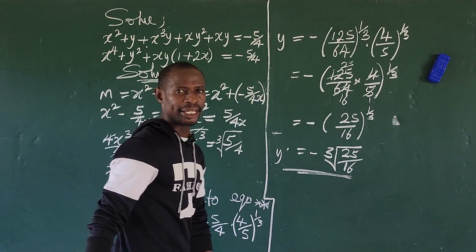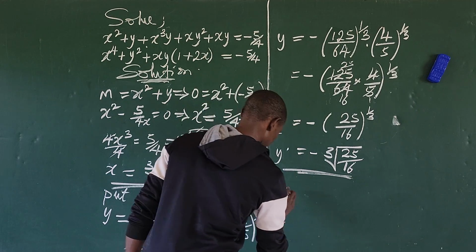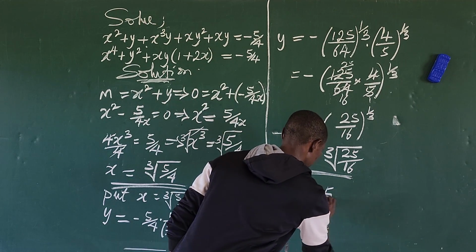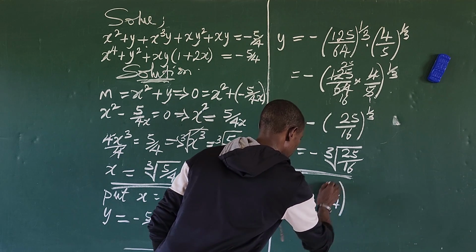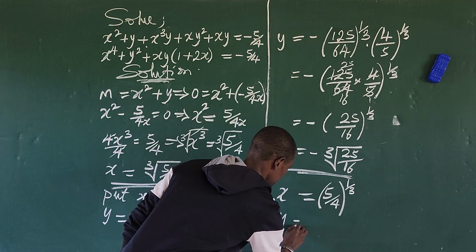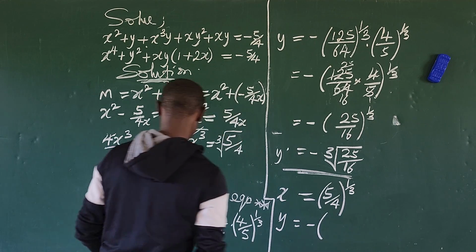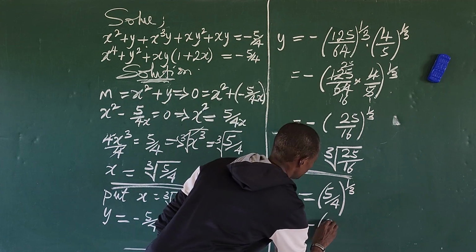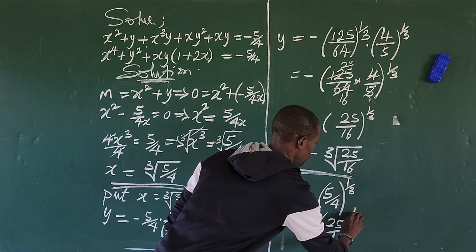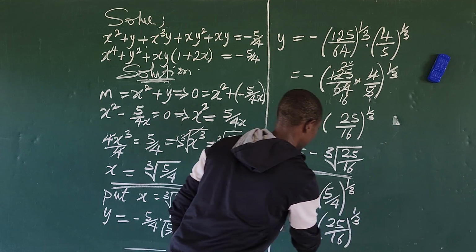This is our y. So we can now bring out the values of our x and y. We have x equal to 5 all over 4, all to the power of 1 all over 3, and y equal to minus bracket 25 all over 16, to the power of 1 all over 3.